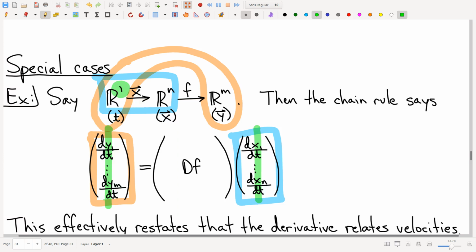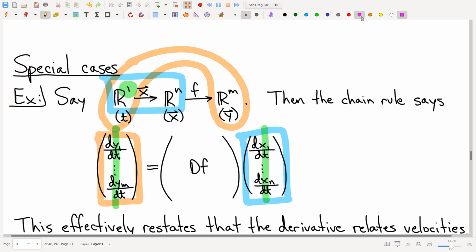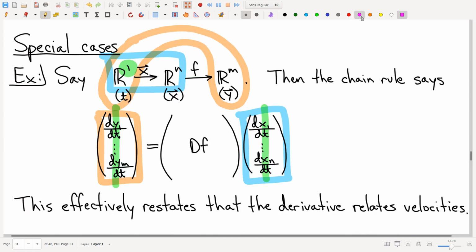I would point out that if you have position x or y in Rn or Rm, whichever one of these functions you're looking at, you have position as a function of time. These two functions, the blue one and the orange one, are parametric curves. And what we're looking at here with their derivative matrices, as we noticed yesterday, are actually just velocity vectors. So I can make an interpretation about the derivative of this f function right here.